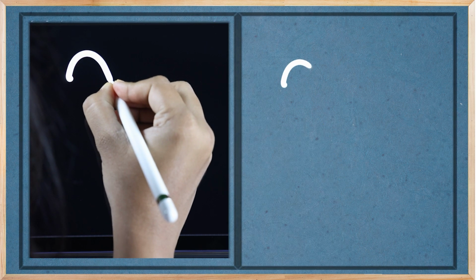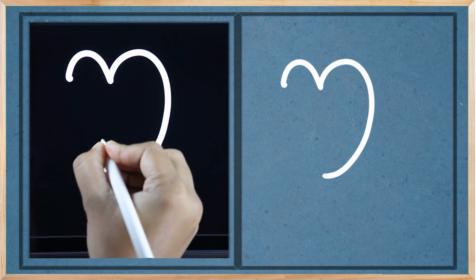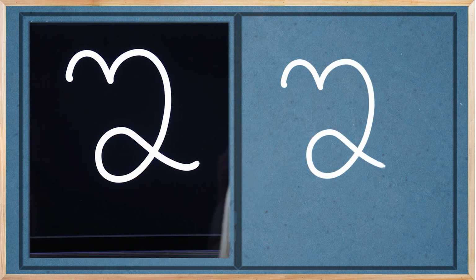How to write? To write the letter E, start from the top left corner and create 2 inverted semicircles in this manner. Continue the second semicircle downward into a loop as indicated by the arrows.